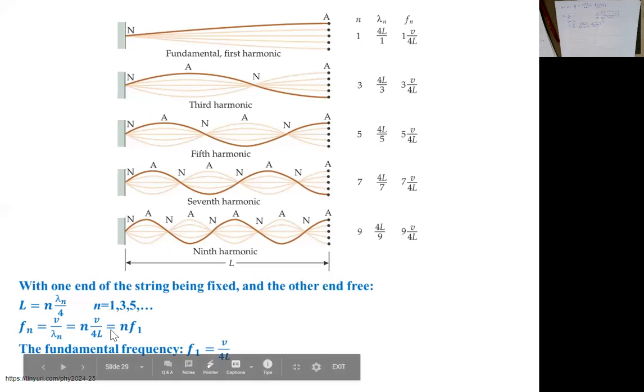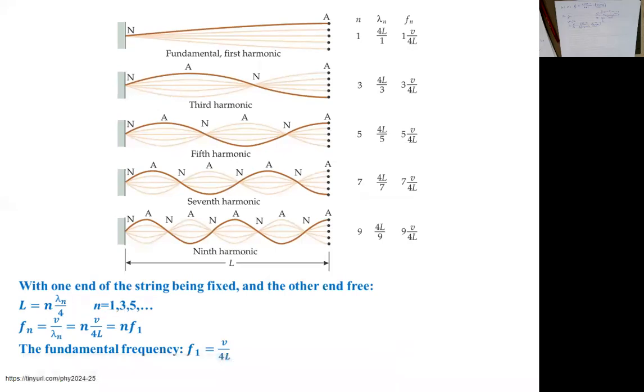So to summarize, the length is equal to n times lambda n over 4, where n is equal to 1, 3, 5, the order of the harmonics. Frequency will be equal to n times the fundamental frequency, where the fundamental frequency is equal to v divided by 4 times L this time.